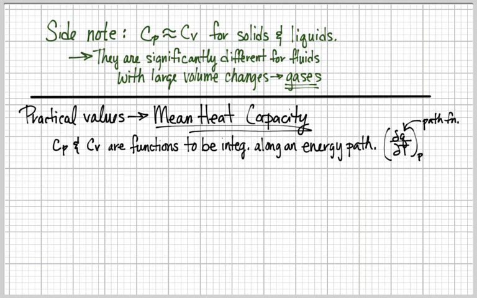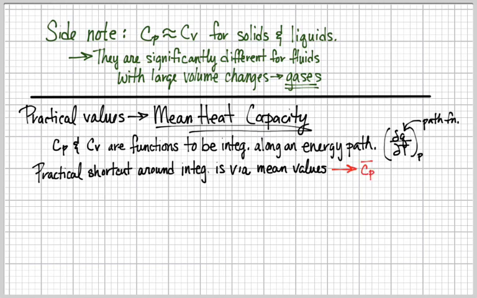For practical purposes, when I'm only looking at a smaller range of temperatures, say maybe ambient temperature conditions under atmospheric pressure, I can usually get away with using what would be a mean heat capacity or an average value across a range of temperatures. So a practical shortcut that is discussed in the textbook is to use mean values, which would be Cp bar if we're using the pressure-based heat capacity. The description can be found on page 71.